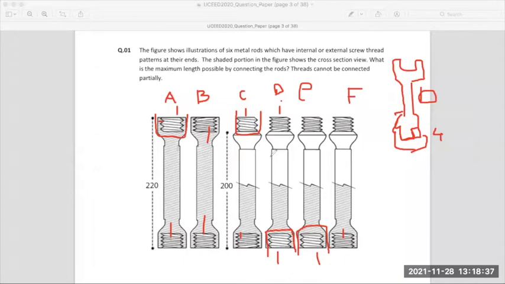Yeah, so the A part will require C to be added at the bottom. So if I say, let's say after D I'm using A here, which has the 4 thread, so the 4 thread will fit here, and then below that my 3 thread will remain.